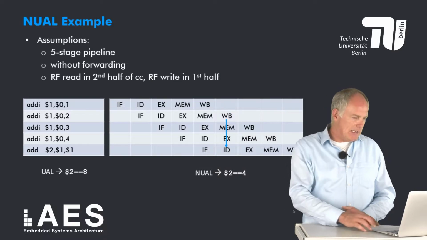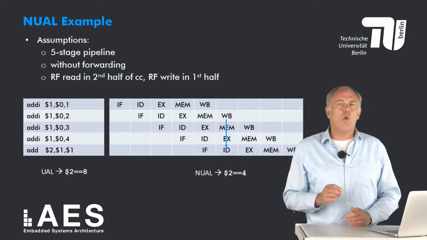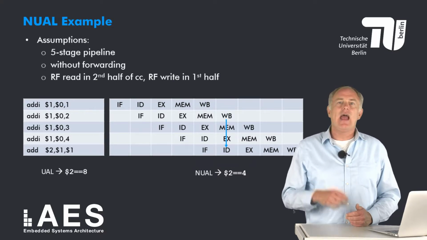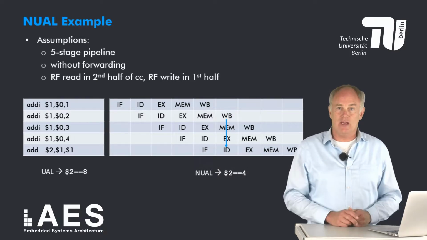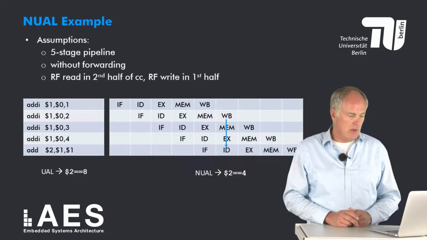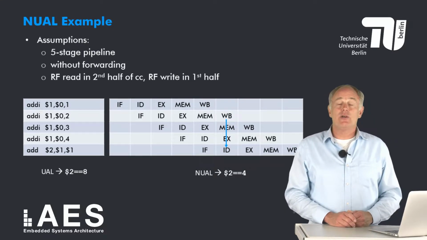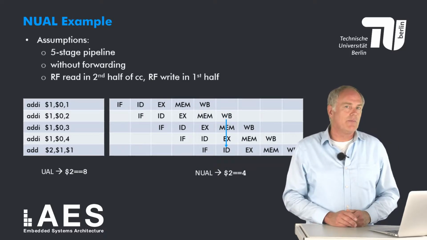On this pipeline, we execute the following code. We write 1, 2, 3, 4 sequentially to register 1 and then add register 1 to itself to obtain the result in register 2. Under the UAL model, the result will be 8 because the last result in register 1 is 4.